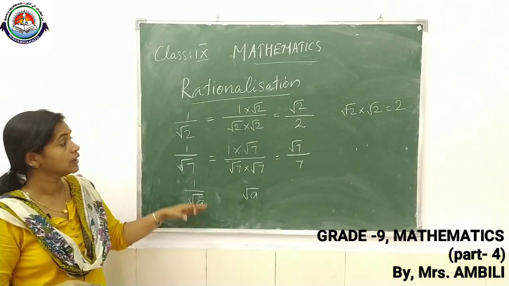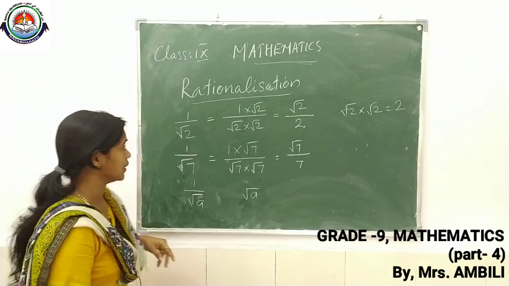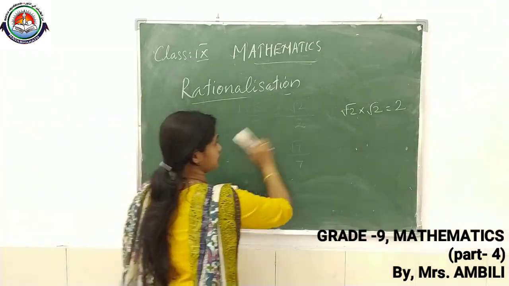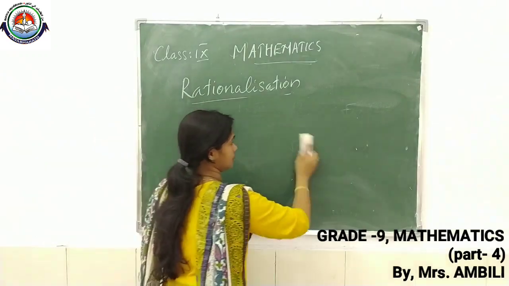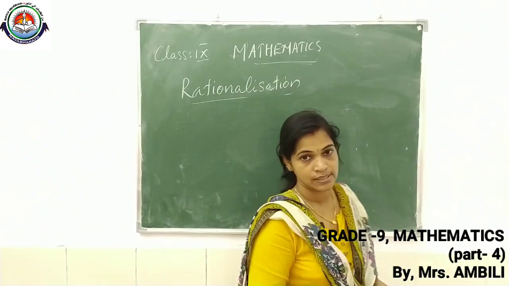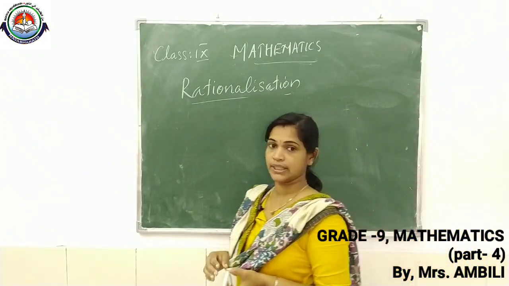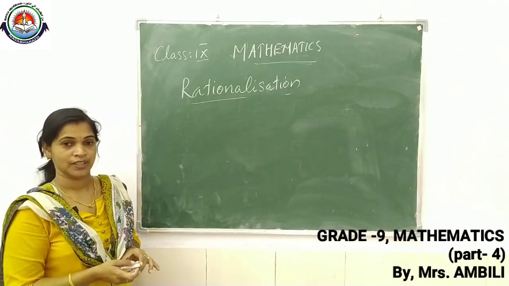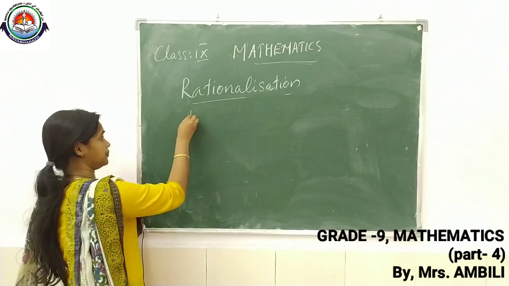Next, if the denominator contains two terms, we need to multiply the numerator and denominator with the conjugate of the denominator. Let's see this conjugate of the denominator.